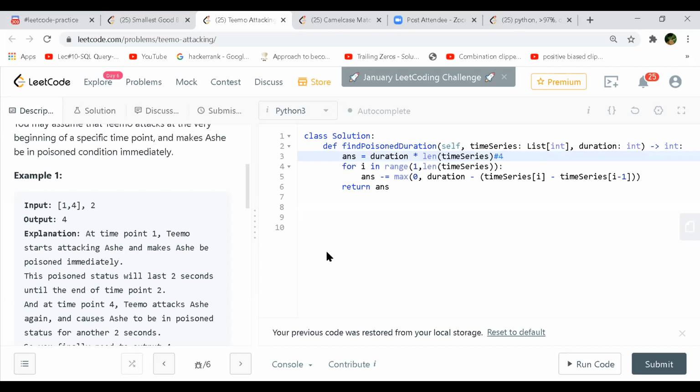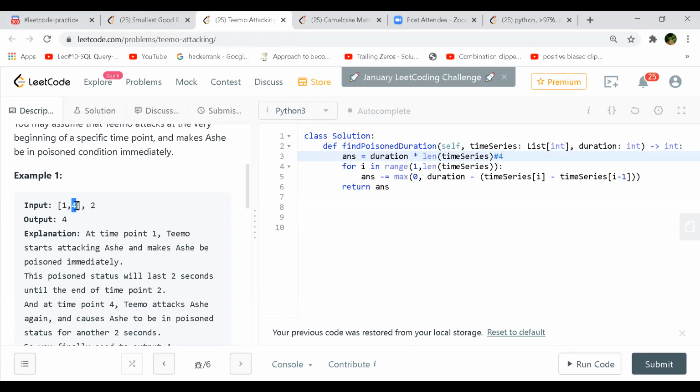Yes. Now you are going in the loop and trying to resolve the overlaps and subtracting that from the answer. The loop starts from 1, leaving the 0th index, because that will happen in any case, right?